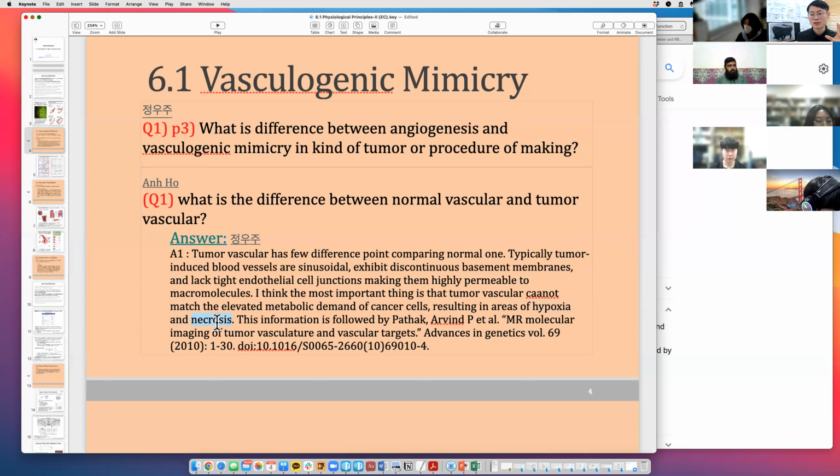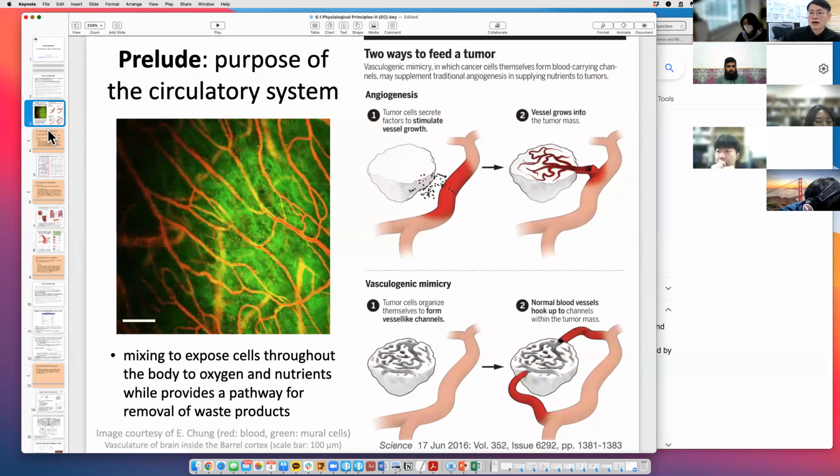And so sometimes, especially in the center of the tumor, we call it the necrotic core. So the core is necrotic, meaning that they are suffering from the hypoxia. They don't have enough nutrition, so tumor cells die inside. So this is also typical. So hopefully that's giving some sense.